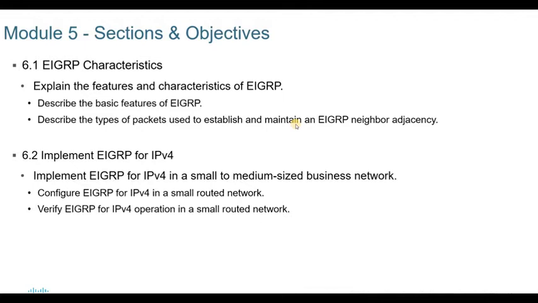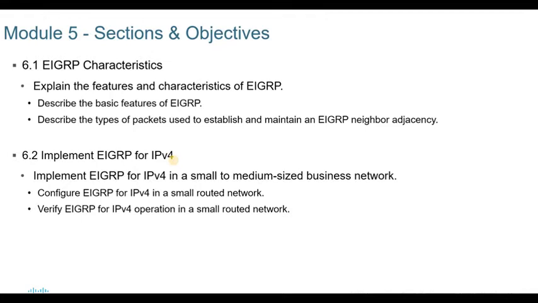So now let's take a look at this module's objectives. First, we're going to talk about EIGRP characteristics, wherein we're going to explain the features and how EIGRP behaves. We are also going to describe the basic features of EIGRP along with the different types of packets used to establish and maintain an EIGRP neighbor adjacency. Before the end of this module, we're going to learn how to implement EIGRP for IPv4.